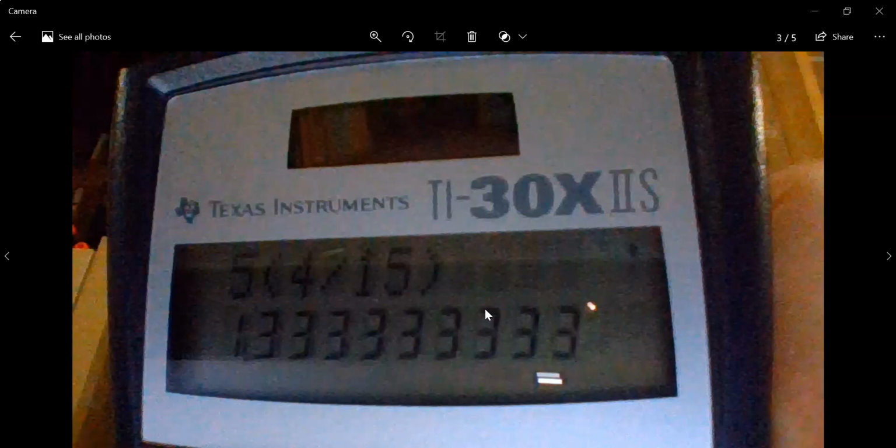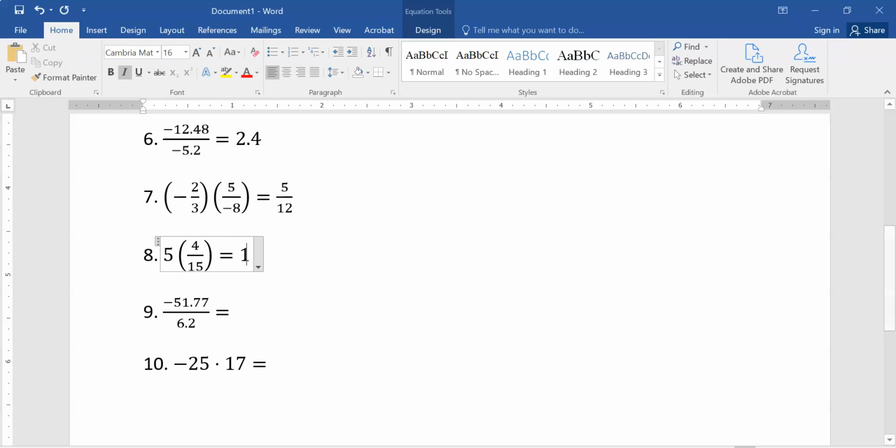When I try to do my fraction to decimal, so it's second and that F to D button, I'm going to get 1, then a little sort of U shape, and then 1/3. That is the mixed number answer to this problem.